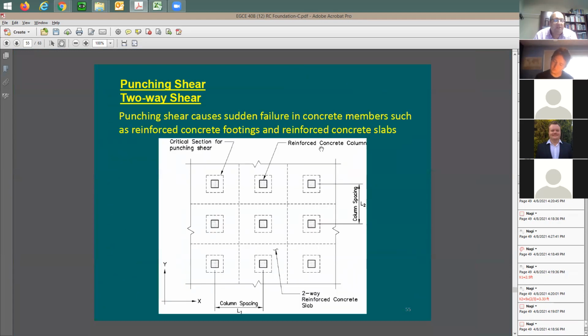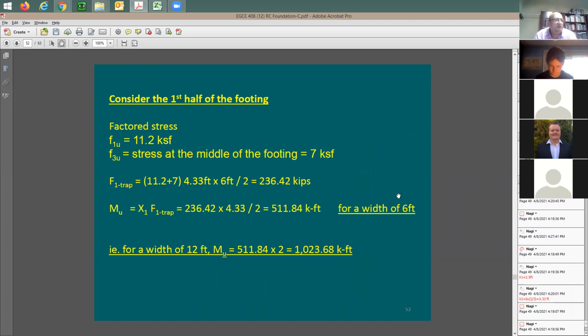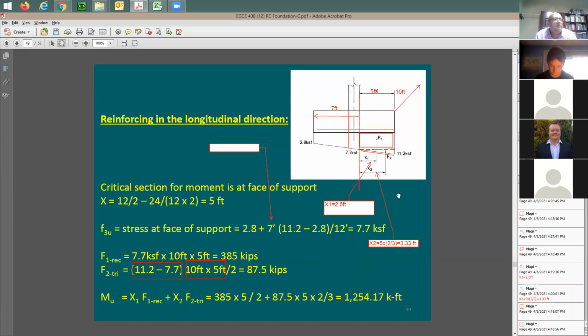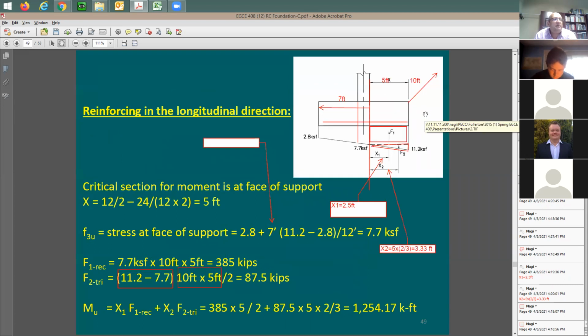All right. Now punch and shear. Question here is about the F1 and F2. Just a question came by. Just for curiosity here, is this F1 and F2, are they tension or compression?